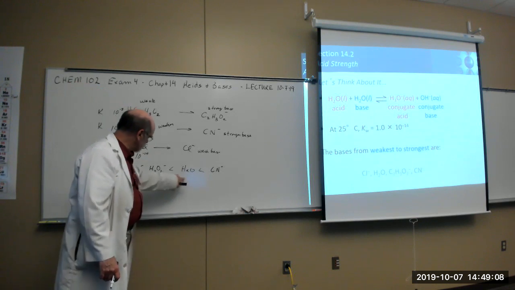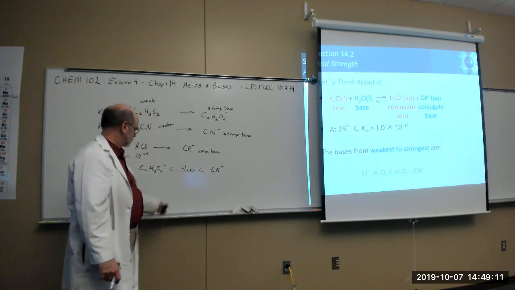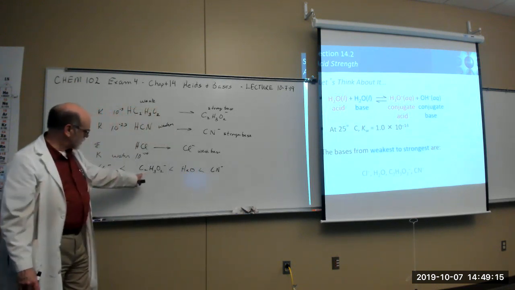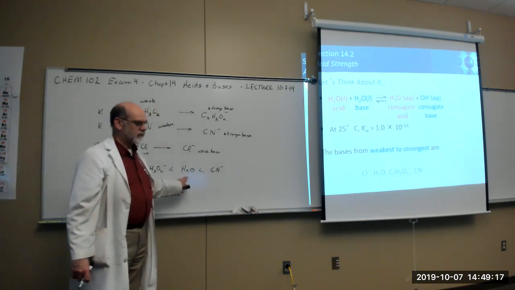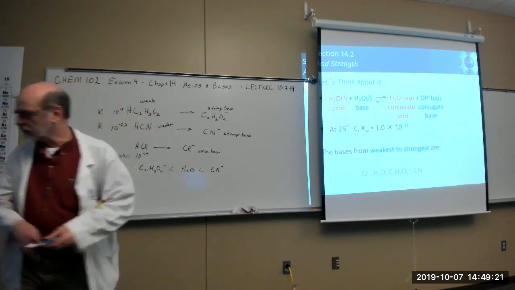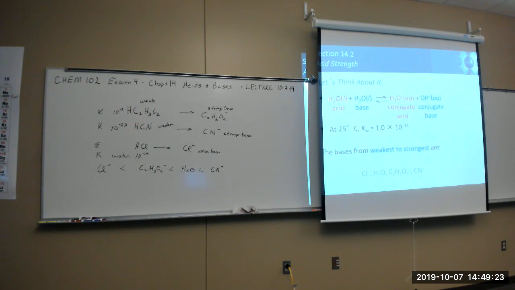These two should be swapped. Because acetic acid is a stronger acid than water, so that makes it a weaker base. So it needs to be to the left. So I need to make a note of that. They got that one wrong too.